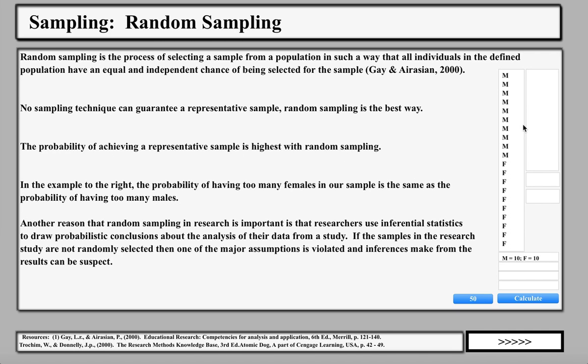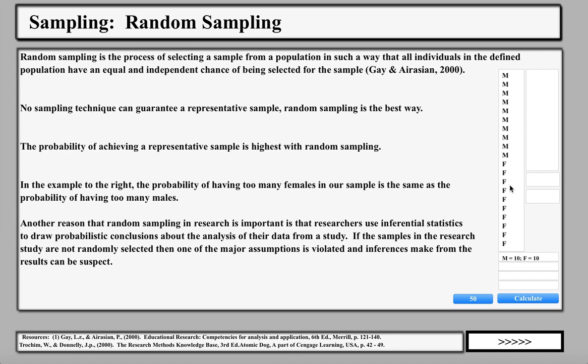I'm going to show you a little example here where the population is 20. It's 10 males, 10 females. When I click on this button, it's going to randomly select 10 of these. So if it randomly selects and we get 5 males and 5 females, well, that's excellent.